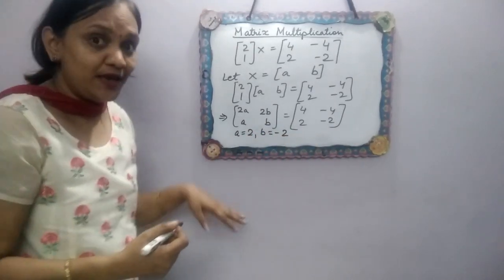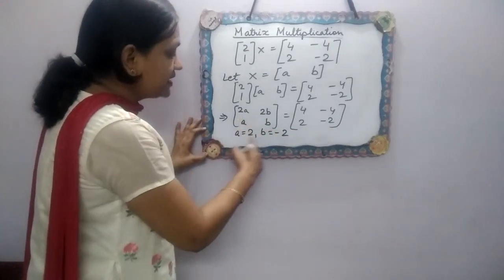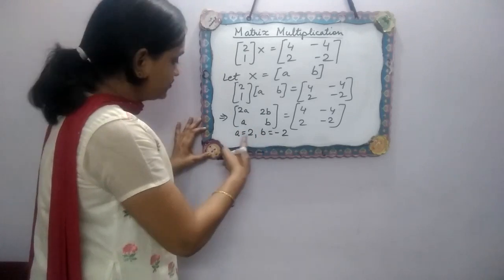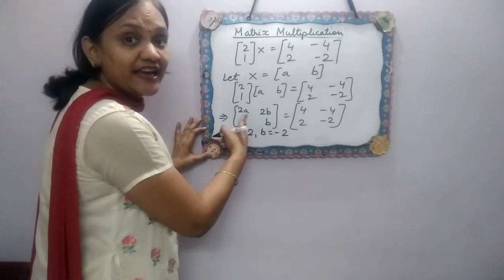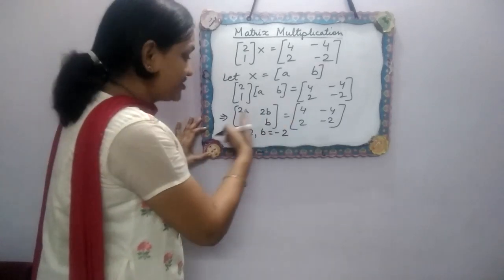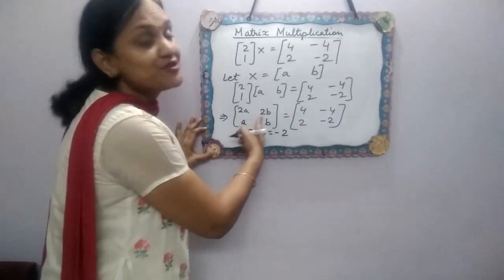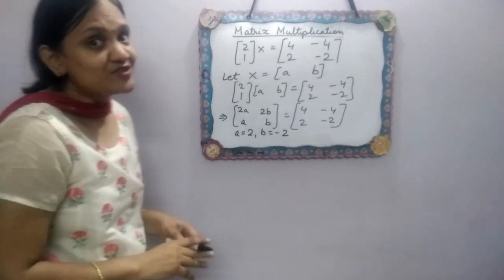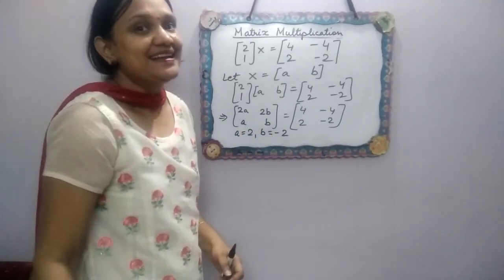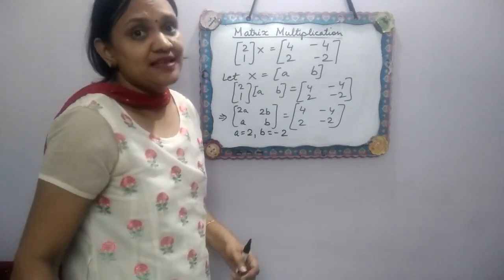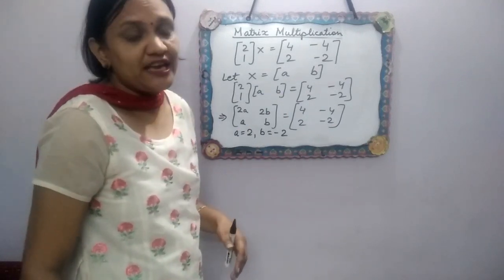Let's verify whether this is correct for A equal to 2 and B equal to minus 2. If I put A equal to 2, I get 2 into 2, 4, which is correct. If I put B equal to minus 2, I get 2 into minus 2, which is minus 4, which is also correct. This is the way we find an unknown matrix for matrix multiplication.